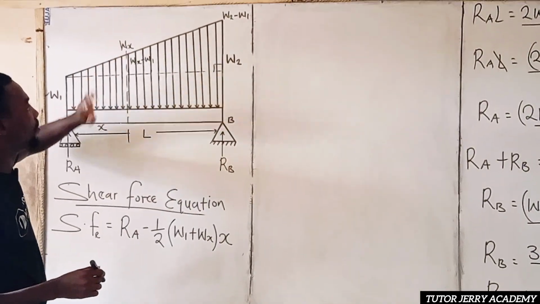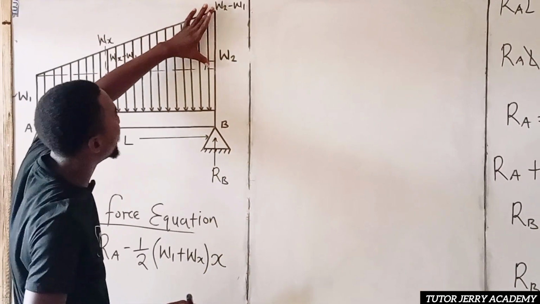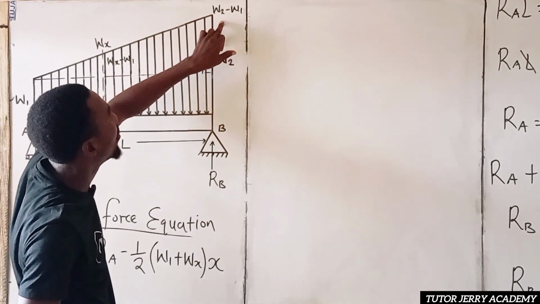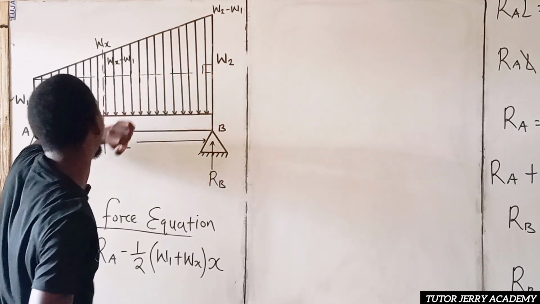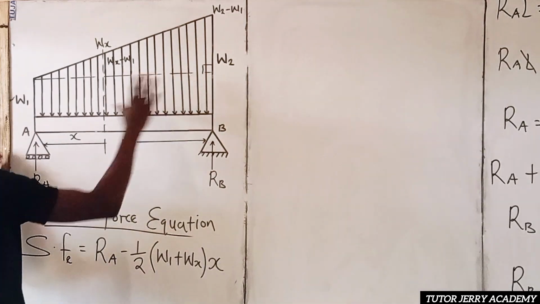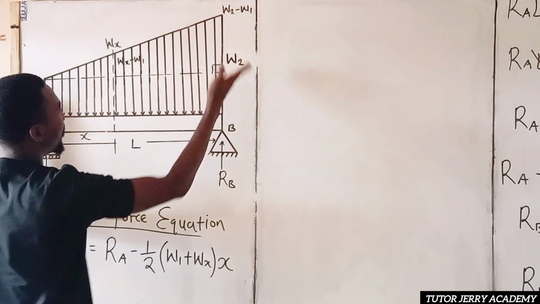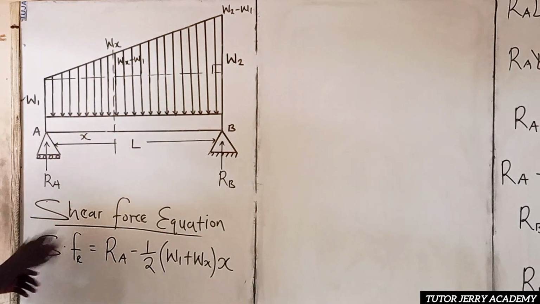And this point only is going to be W2 minus W1. The length of this smaller triangle is S, while the length of this bigger triangle is L.